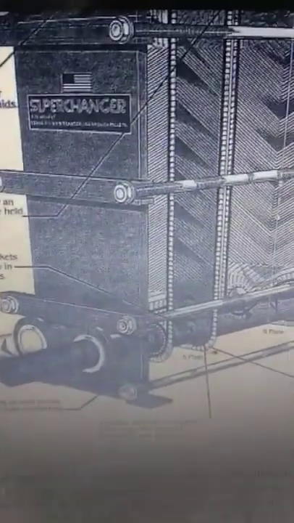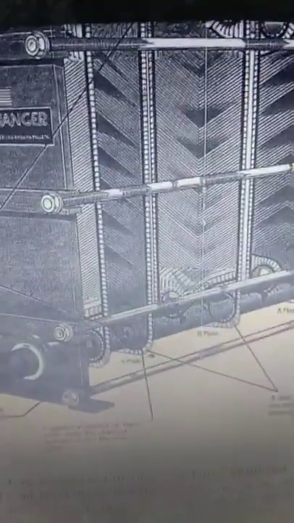I will show you the figure. So see this over here, this is a plate and frame type of heat exchanger. These are the plates you can see over here.